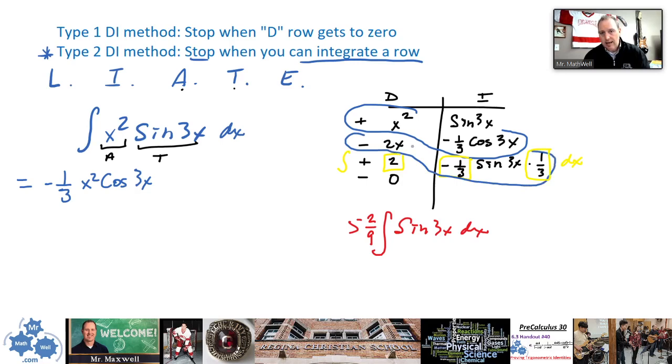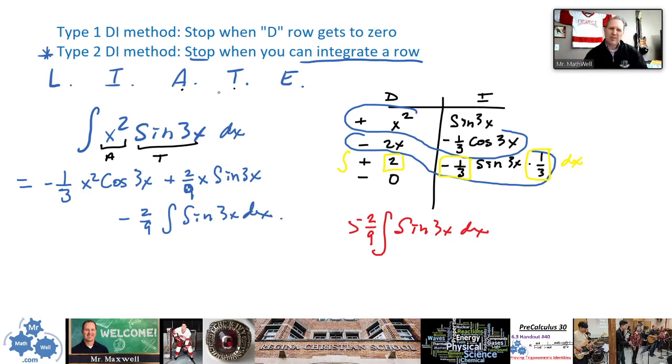So this is going to be plus, right, 2/3 x, 2/9 x, my apologies, 2/9 x sine of 3x. And then I have this, which is a minus 2/9 integral of sine 3x dx.